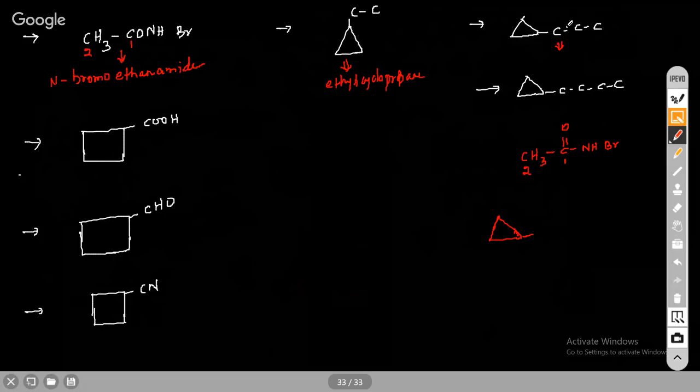Here also you see the number of carbon atoms here and in the ring is the same, so the parent chain will be this ring. So this will be propyl cyclopropane. Correct.